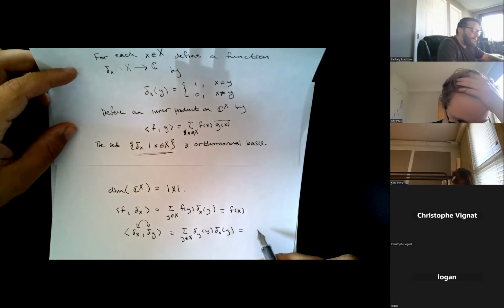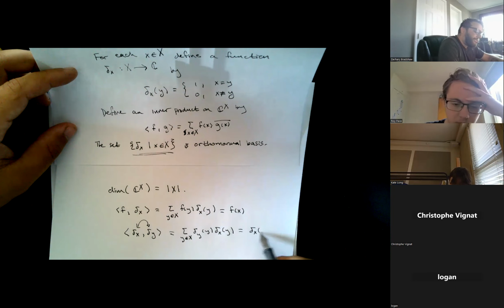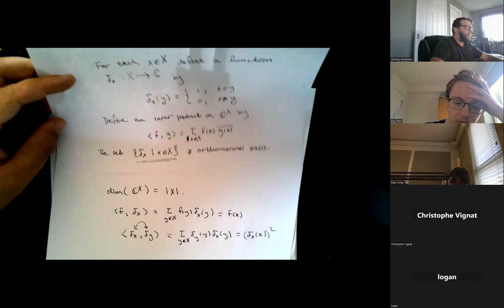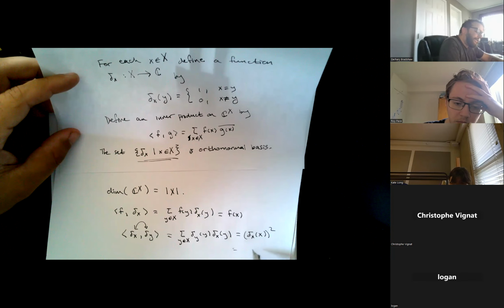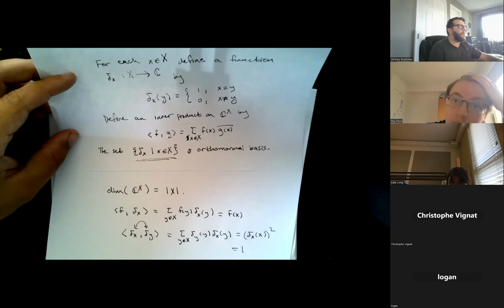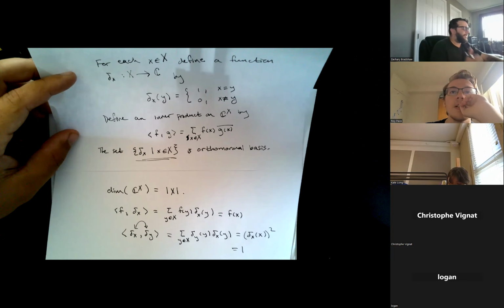The only term that survives is when x is equal to y, and then we get delta_x(x) twice. And delta_x(x) is 1, so this is equal to 1. Okay, so orthonormal. If x is not equal to y, then we're going to get a 0.